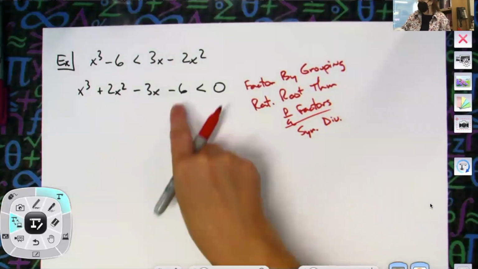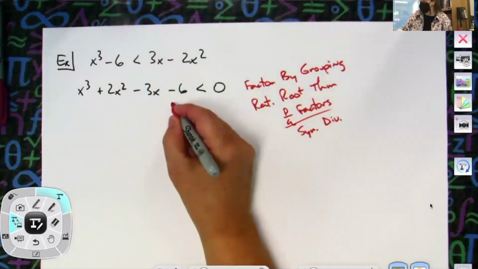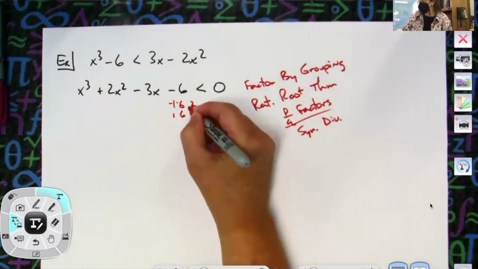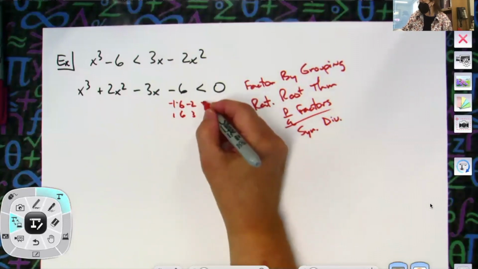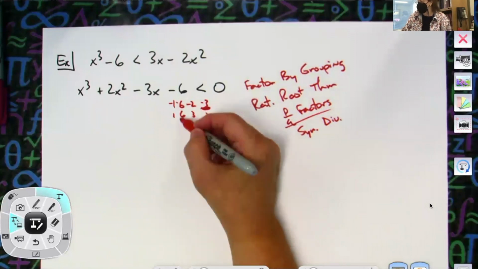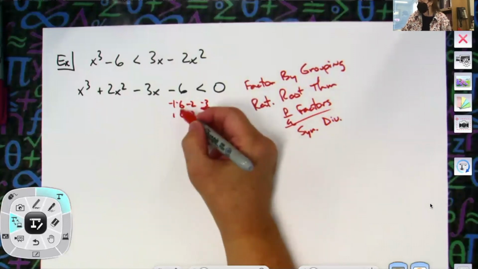Your factors, you'd try things like -1, +1, -6, 6. You'd try 2 and 3 with one of them being negative, and then -3 and 2.